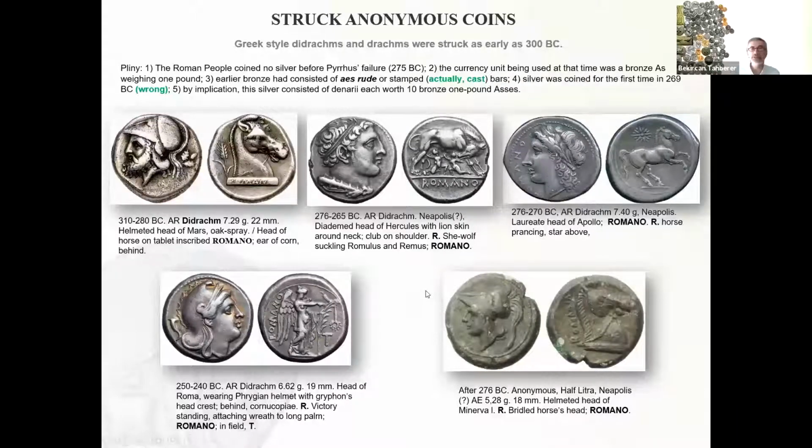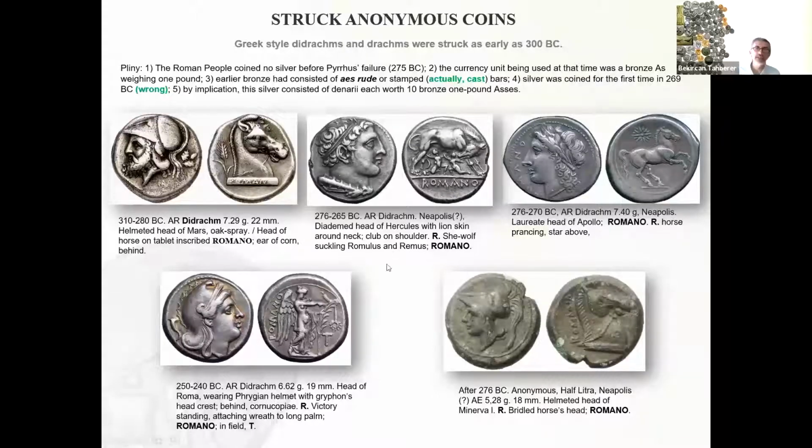And he says the currency unit being used at the time was a bronze as weighing 1 pound, which is true. And thirdly, he says earlier bronze had consisted of aes rude or stamped, actually cast bars. That's also partially correct.